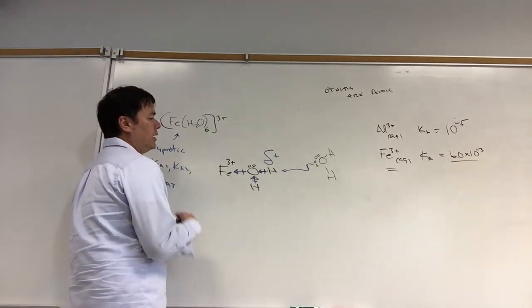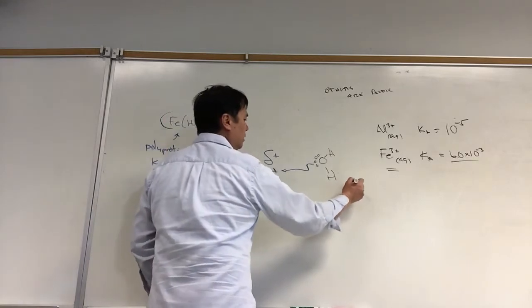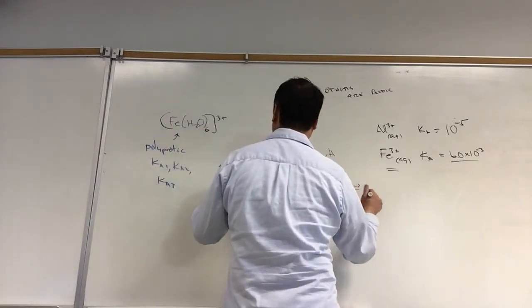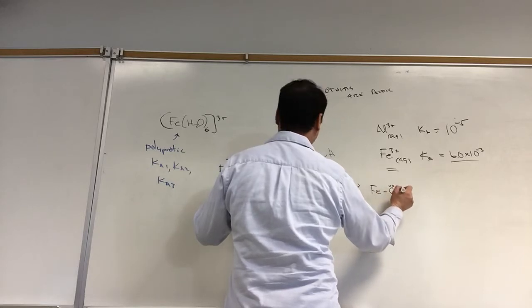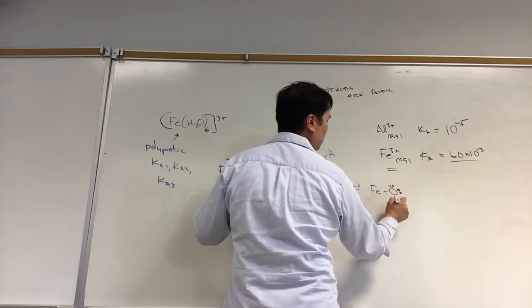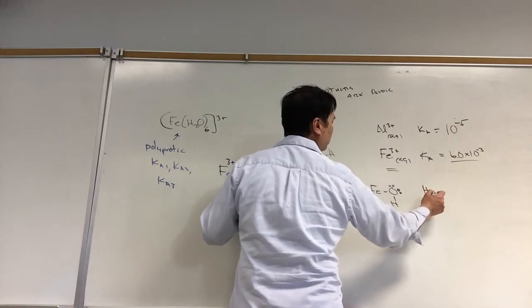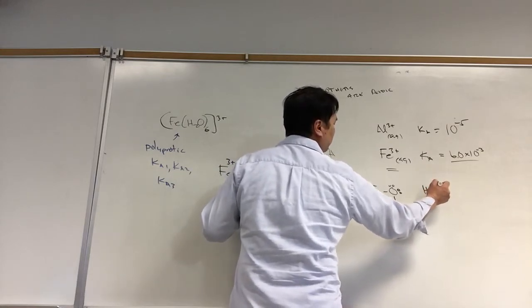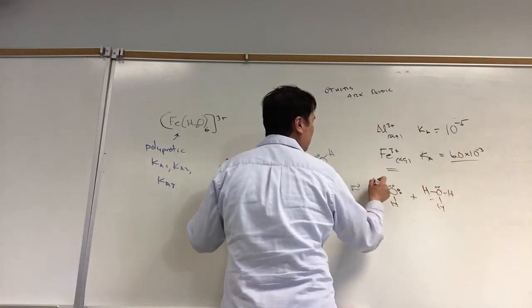And so anyway, Ka1 is going to be the biggest. And so here, this is going to go to Fe, and this is going to be converted into a hydroxo ligand. And this will be hydronium. So notice, acid-base reaction. Oh, Bronsted.